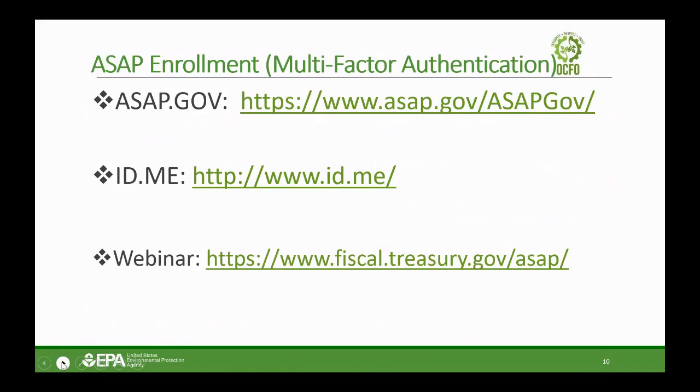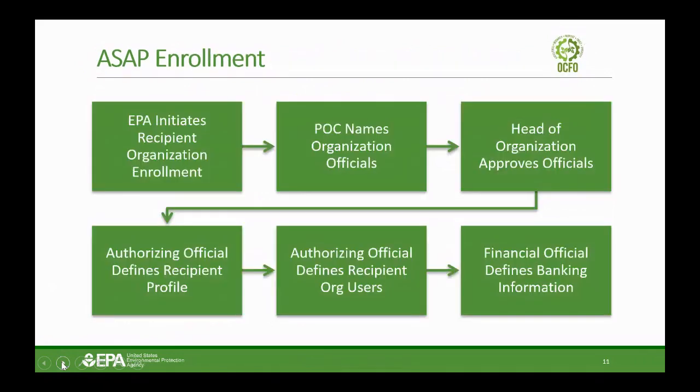Next slide, please. All right. So ASAP enrollment: EPA initiates the recipient organization enrollment, the point of contact, name, organization, the officials, then the head of organization. Once the point of contact delegates that role to whomever is the head of organization, the head of organization will approve those officials.